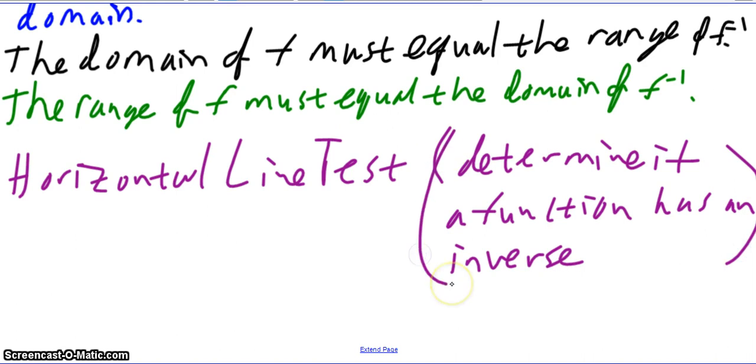We draw a horizontal line. If that horizontal line crosses the function more than once, then it does not have an inverse. Again, sometimes we can restrict the domain of the original function so that it does still work.